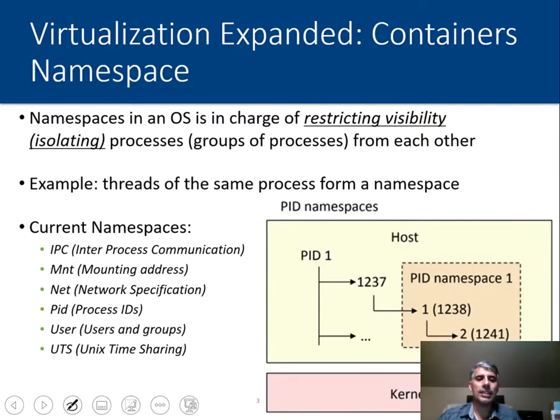What is a namespace? A namespace in an operating system is a module of the operating system which is in charge of restricting the visibility or isolating processes from one another. For example, imagine that you have a threaded application that has spawned multiple threads, and those threads all have access to the same part of memory. They all probably have the same range of process IDs.